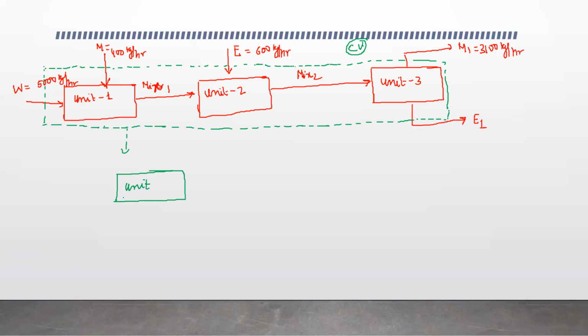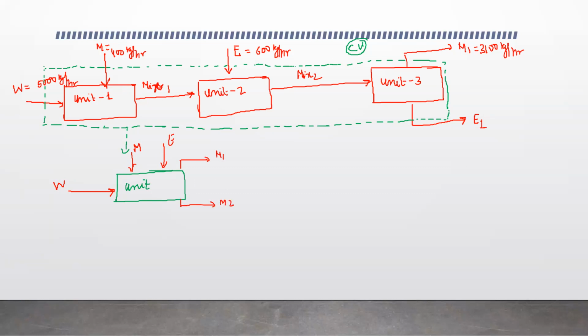So from this diagram, just see whatever is coming inside this green unit and whatever is going out of it. You can clearly see that from here we have W coming in, from here we have M coming in, from here we have E coming in, from here we have M1 going out, and from here we have E1 going out.